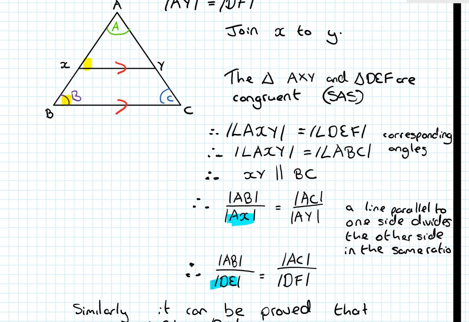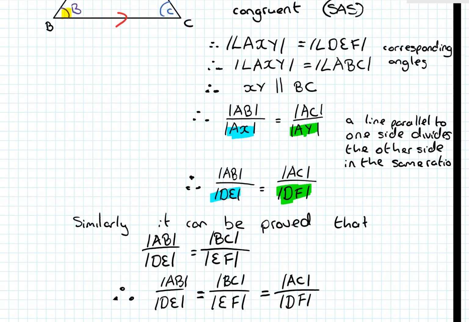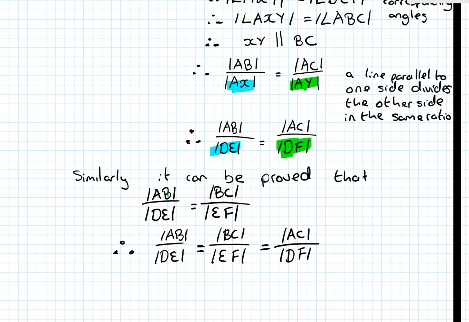Remember, AX is the same as DE, and we know that the length AY is equal to DF. So it's the same piece of maths, it's the same line, but yeah, we're now talking about the two congruent triangles. From that, we can also just say, similarly, it can be proved that the length AB over DE is equal to BC over EF, and write it all out what was asked.